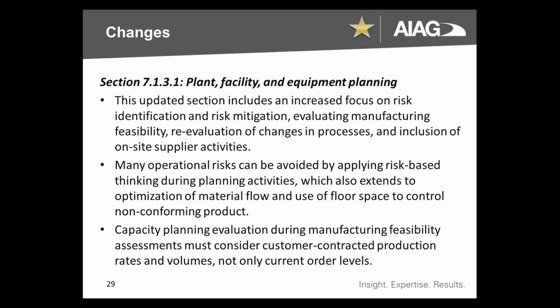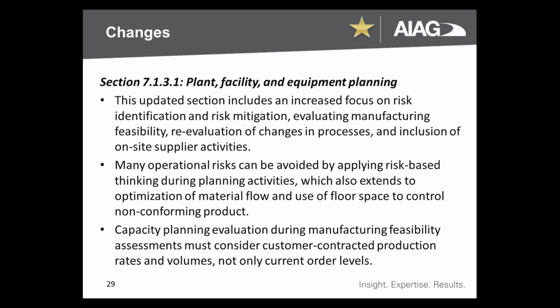Section 7.1.3.1, Plant, Facility and Equipment Planning. This section has been updated to include an increased focus on risk identification and risk mitigation, evaluating manufacturing feasibility, reevaluating changes in processes, and the inclusion of on-site supplier activities.